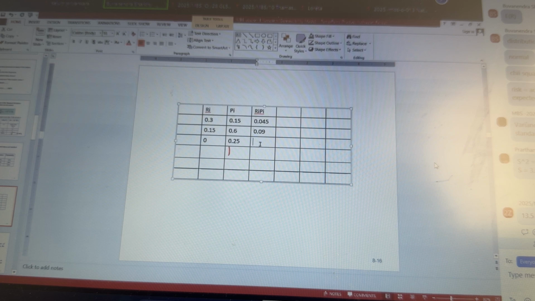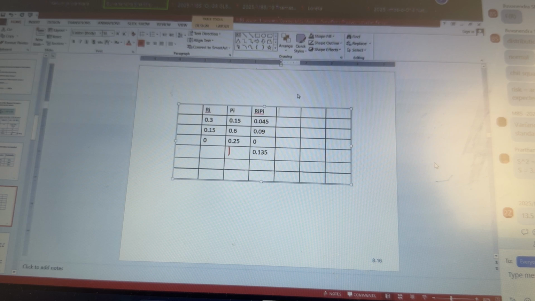Here 0 multiplied by this becomes 0. If you add them, it becomes 0.135. You can see the answers updated there. So 13.5% is the expected return.